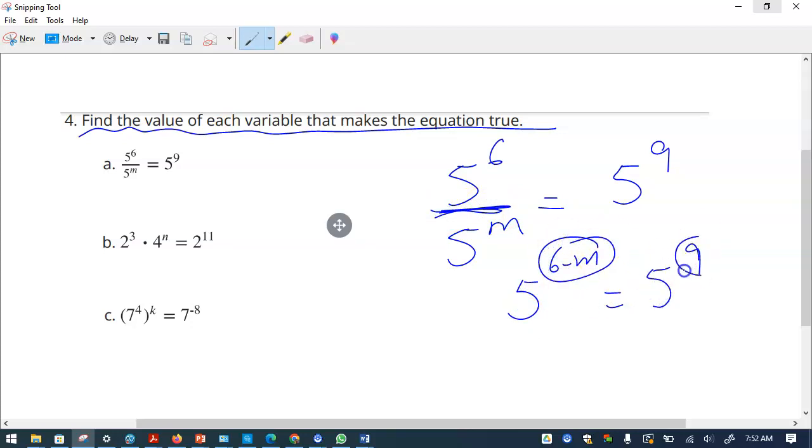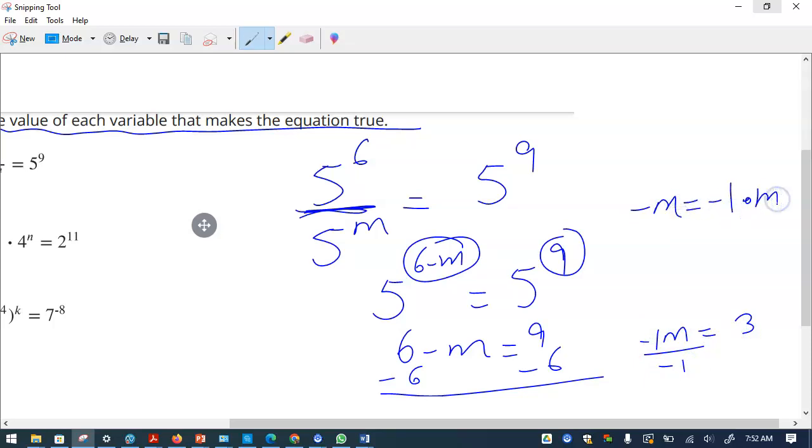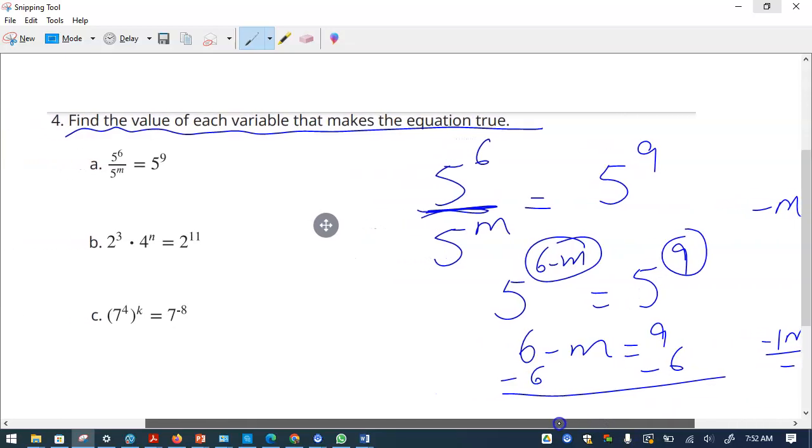So that means this exponent has to equal 9, and then you subtract 6. That way you get minus m equals 3, and then divide by minus 1, because writing minus m is the same as writing minus 1 times m, and you get the answer. That's how you figure out the first one.